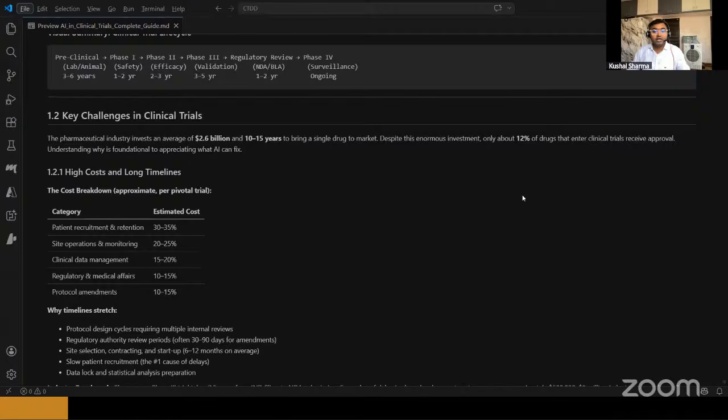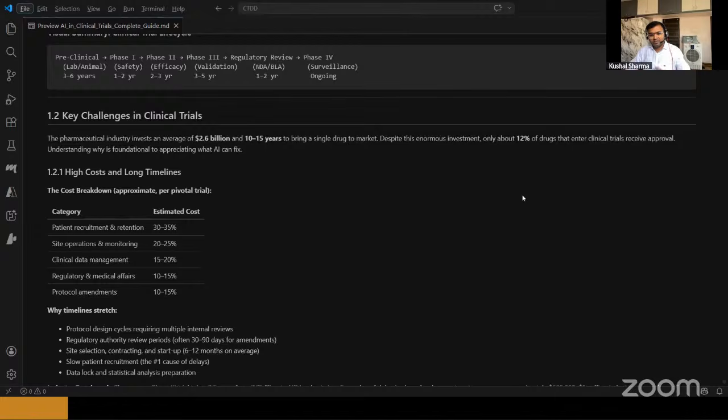The pharmaceutical industry invests an average of $2.6 billion and 10 to 15 years to bring a single drug to market. And despite this enormous investment, only about 12% of the drugs that enter clinical trials receive approval.